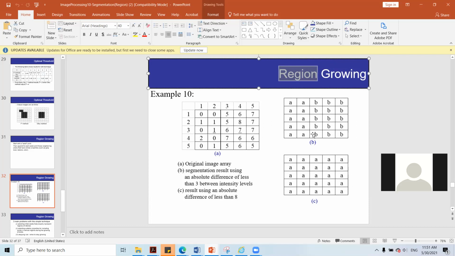I keep emphasizing the keywords: similarity, homogeneity, and the variance should be very low. How to define similarity?